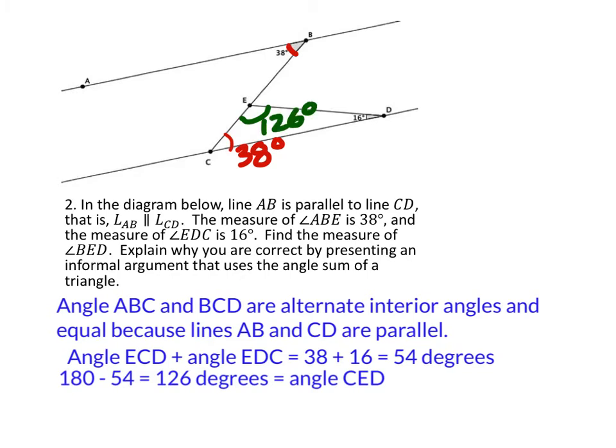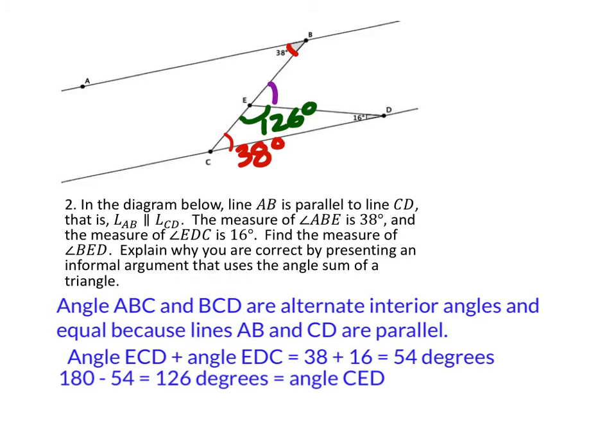And now we want to figure out the measure of angle BED, which is the actual thing we're trying to find on this one. So we know that angle CED and angle BED, in 7th grade you learned that these are supplementary, or that these make a straight angle. So that means that combined they'd be 180 degrees.